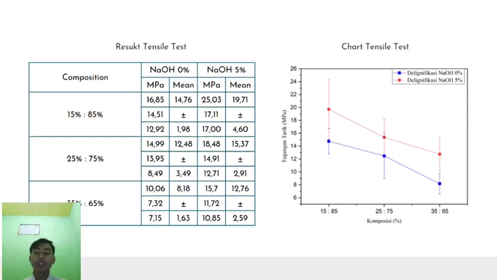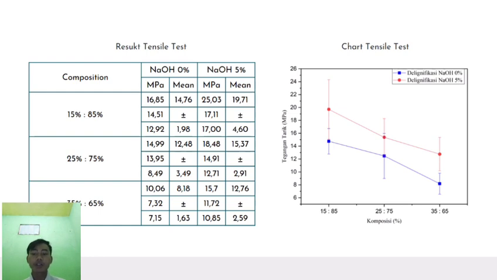In the fiber compositions of 25% and 35%, there is an addition of fibers, so when there are more fibers, the tensile strength decreases, as can be seen in the following tensile test graph.